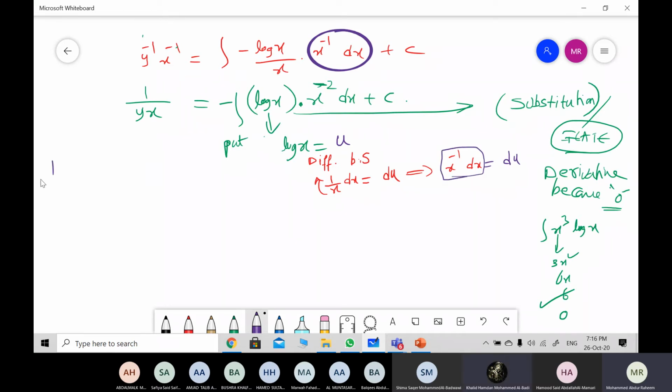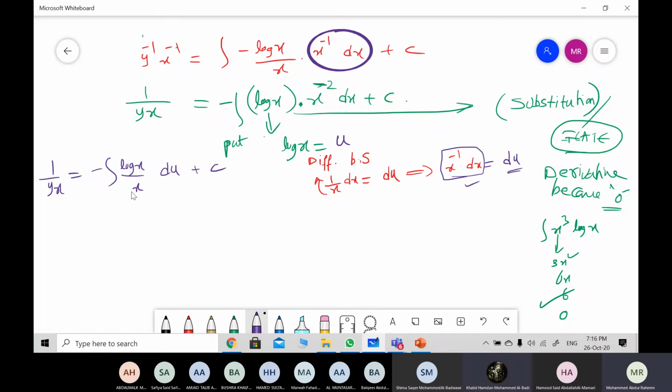So it works. There we are writing minus outside, log x, but this we can remove with this. How much? du plus c.